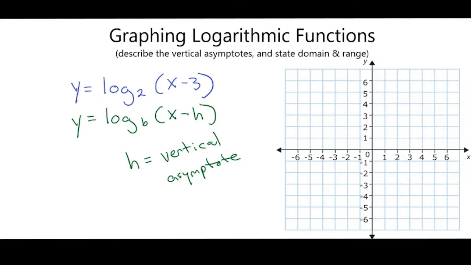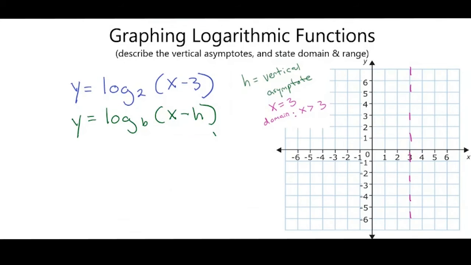So since we know that h is the vertical asymptote, our vertical asymptote here is x equals 3. I will make a dotted line at x equals 3, so I know that that is my vertical asymptote. And since that's my vertical asymptote, I also know that my domain must be x is greater than 3.